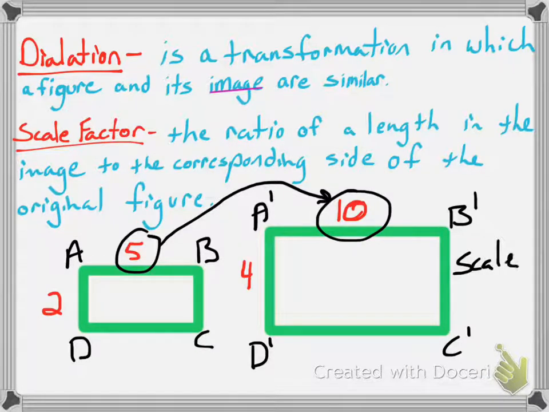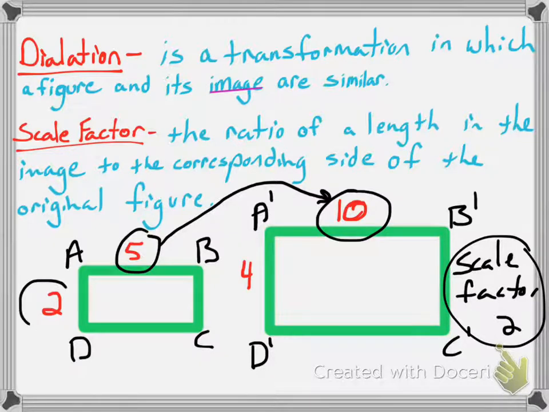So the scale factor for this one is 2. Let's try it on the other side. 2 times 2 should give me 4. It works out. And that's what we're studying. We're just studying scale factor, the number from where we get from 2 to 4 or from 5 to 10.